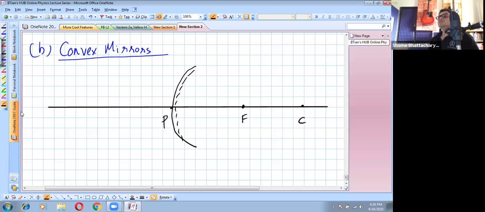It doesn't matter what the distance of the object is on the other side, whether it's at infinity or close to the focal distance or close to the radius. It will always give us only one type of image, and that's what I'm going to discuss here.